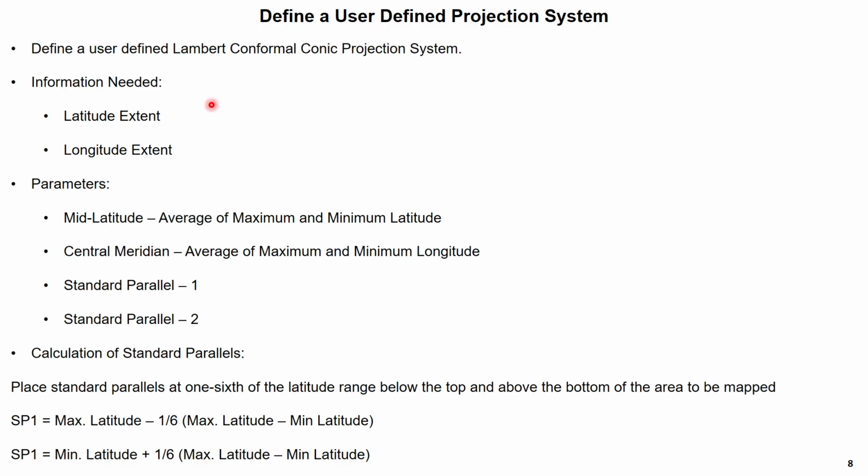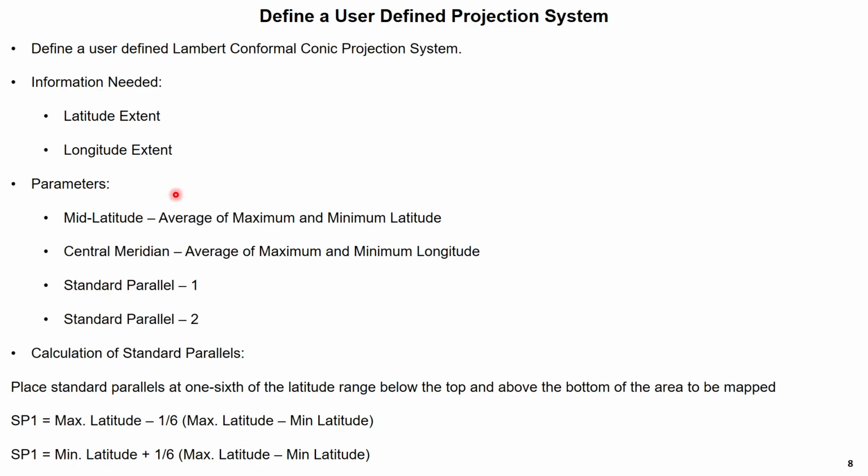What is the latitude extent and what is the longitude extent? That is your minimum and maximum latitude of India, then minimum and maximum longitude of India. These are the information that we need. Coming to the Lambert conformal conic projection, we need to set four parameters.